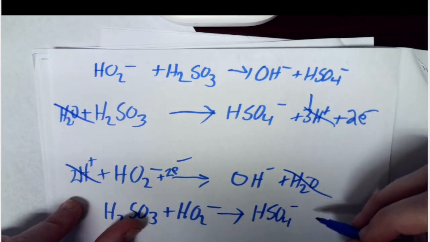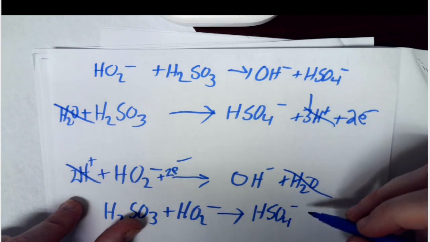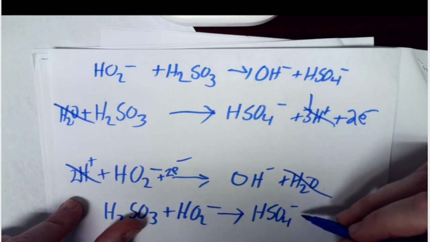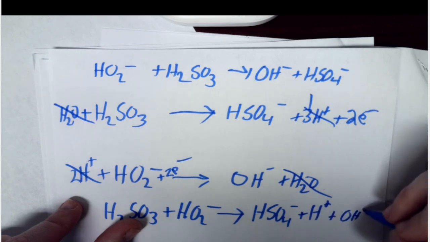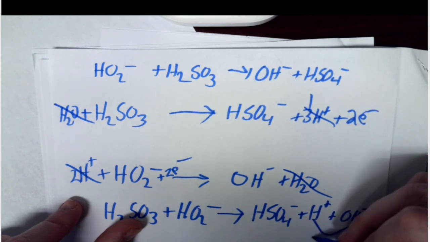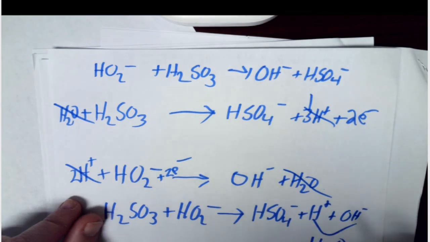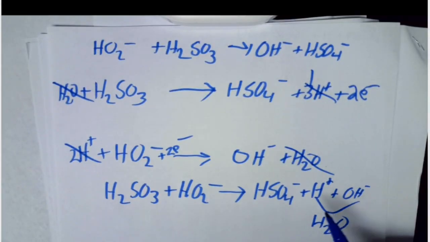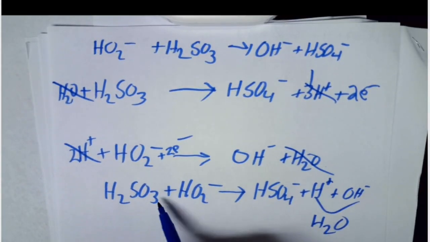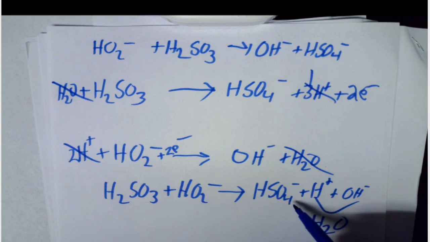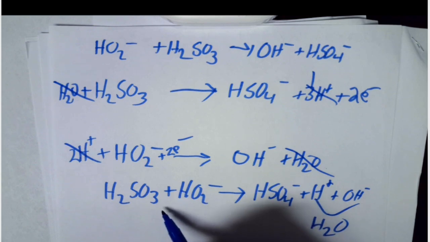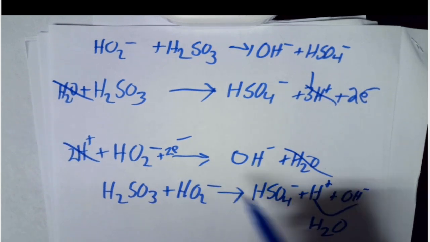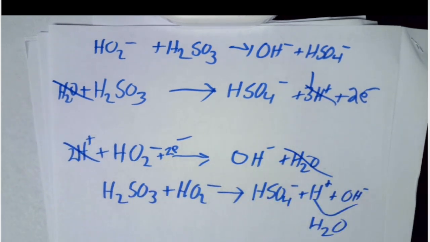and H plus and OH minus. Well, we can simply combine those together to form water. So we have 3, 4, 5 oxygens, 4, 5 oxygens, 2, 3 hydrogens, 2, 3 hydrogens, 1 sulfur, 1 sulfur, 1 minus, 1 minus.